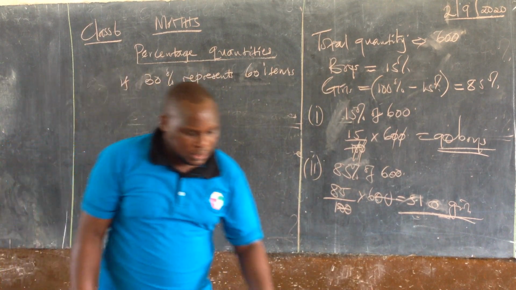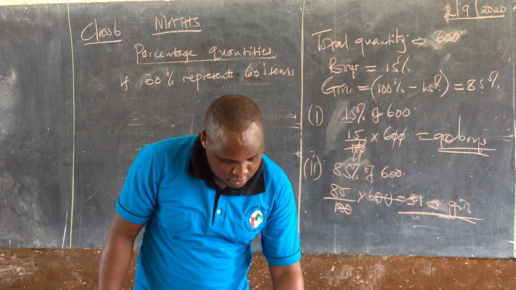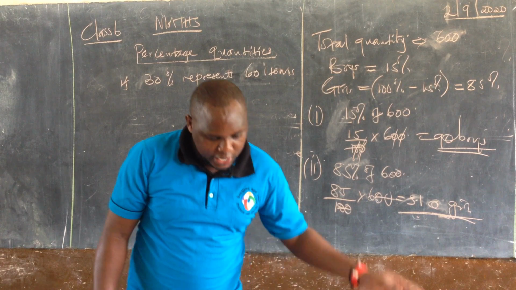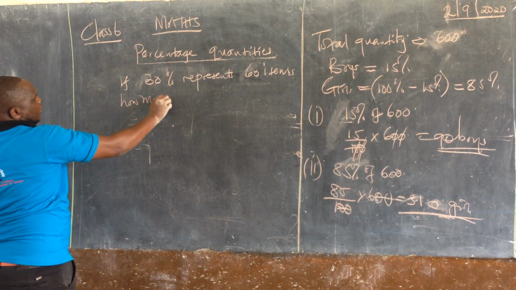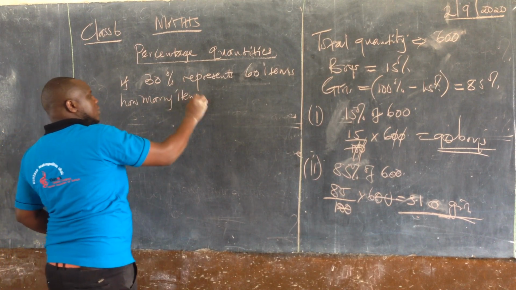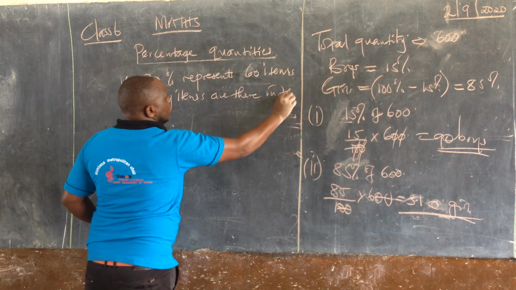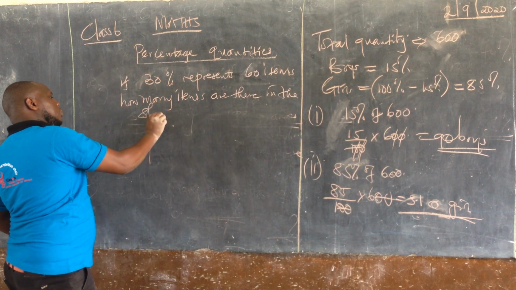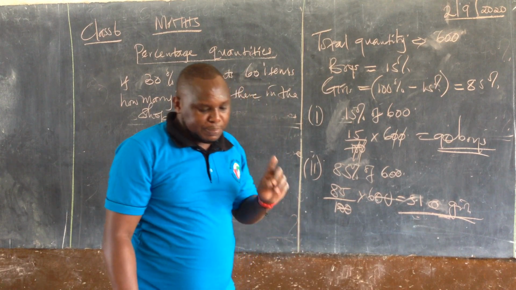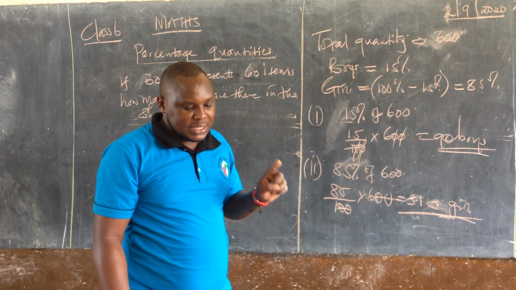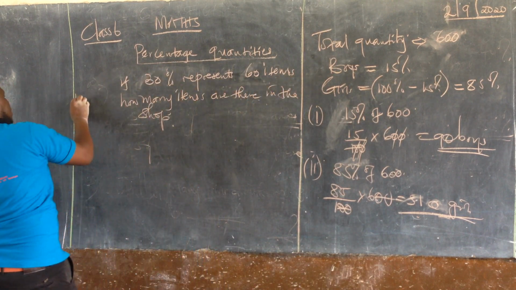How many items are there in the shop? If 30% represents 60 items in a shop, that is very important.